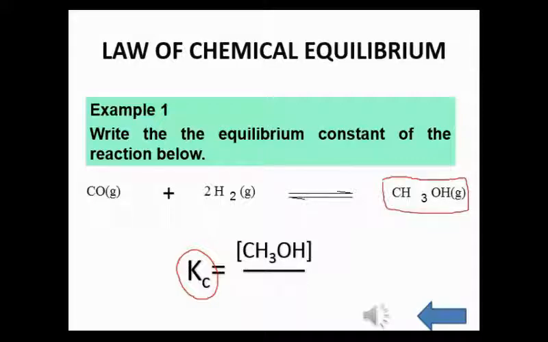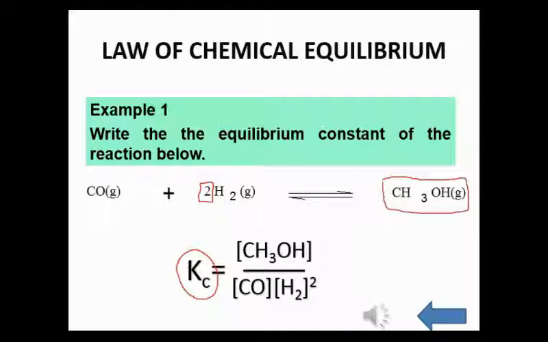Now we look at the reactants. We have two reactants here. The first one is CO, so let's put it as the concentration of CO. We have another reactant which is H2, so let's put it in the form of the concentration of H2, and please note we have the coefficient 2 here and it belongs to the power of H2.